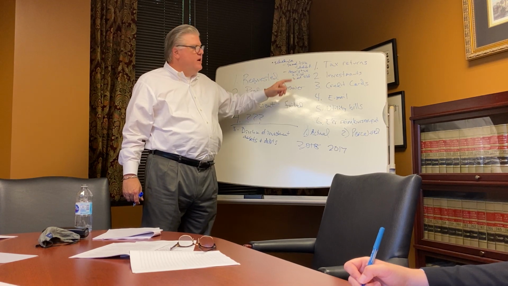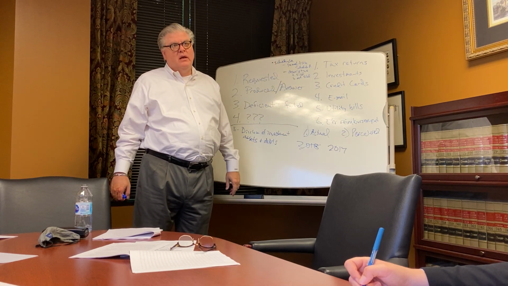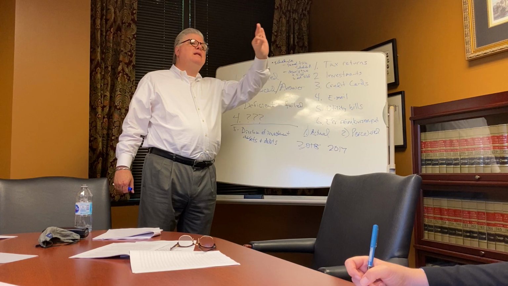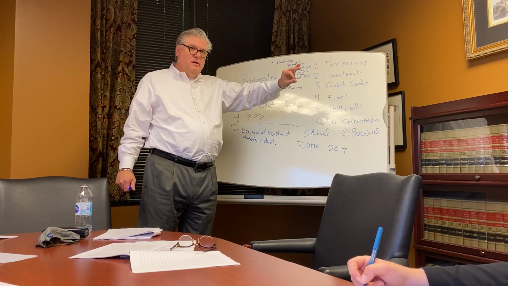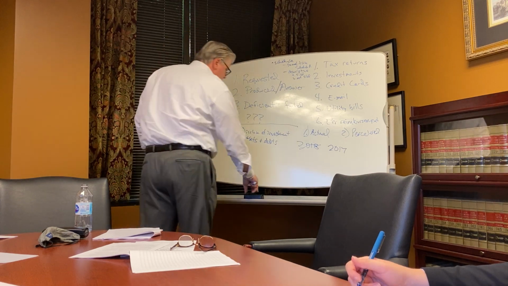Well, when we go to the CPA, we want schedules that are not filed as well, that help support the tax return in the event of an audit. And that's what's magic about CPAs.